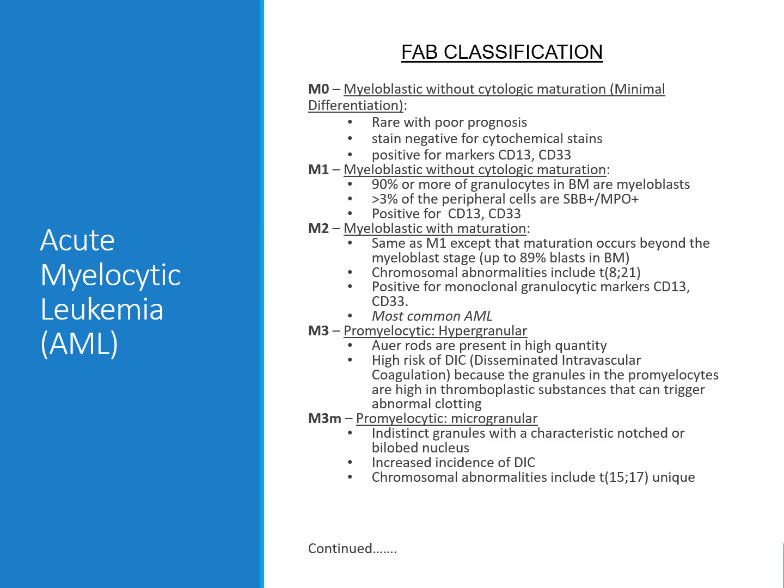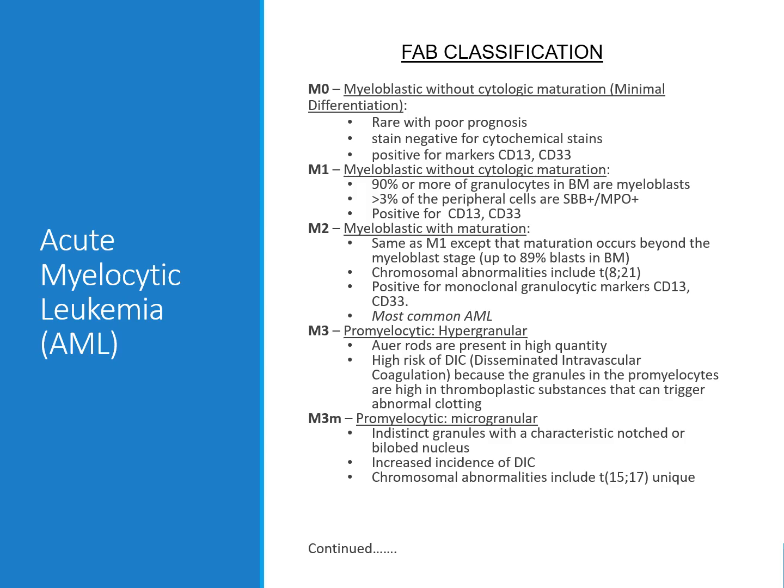The next category for AML classification is M1. This is called myeloblastic without cytologic maturation. So we're going to see about 90% or more of those granulocytes in the bone marrow are myeloblasts because, again, we're not going to see maturation, but we will see a little bit of maturation, so about 10% of our cells.